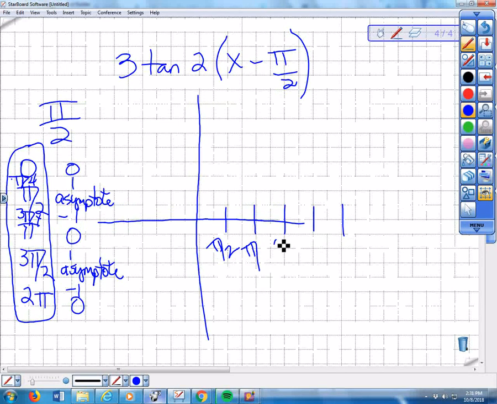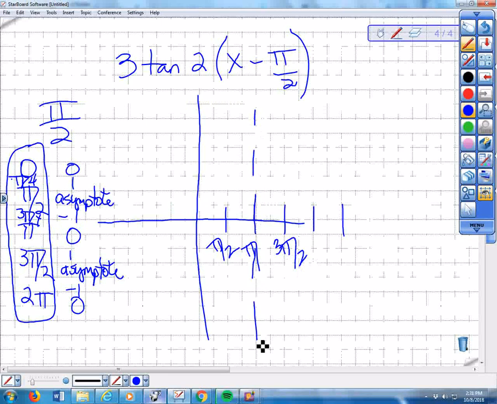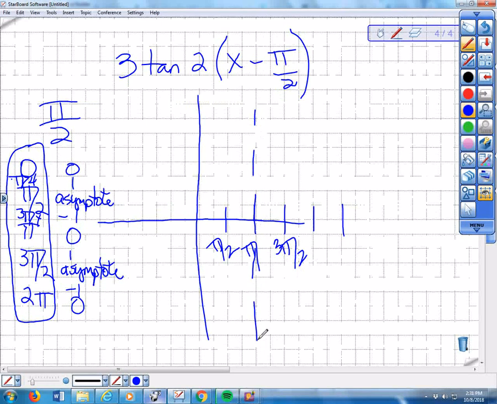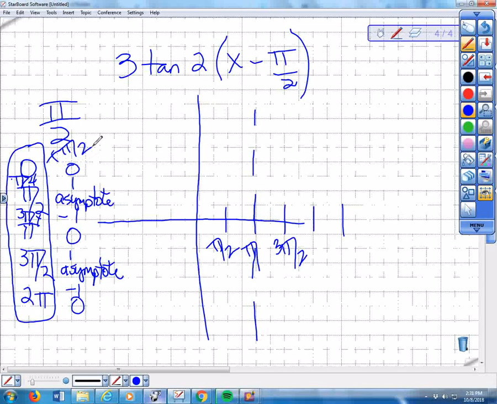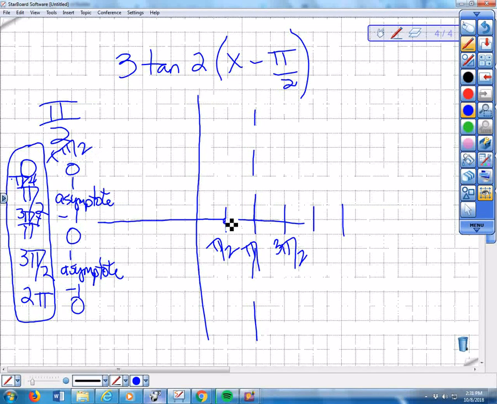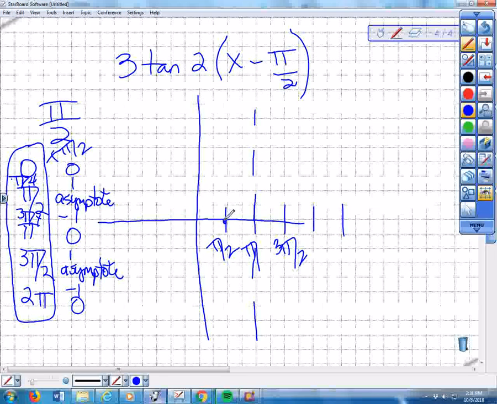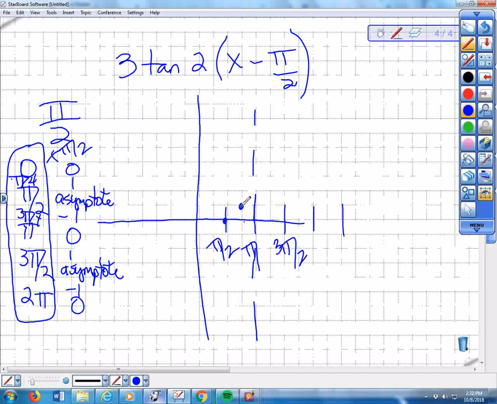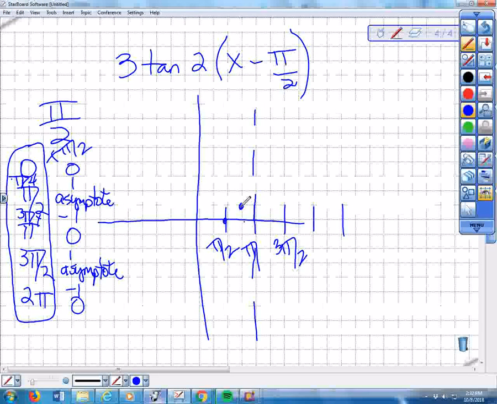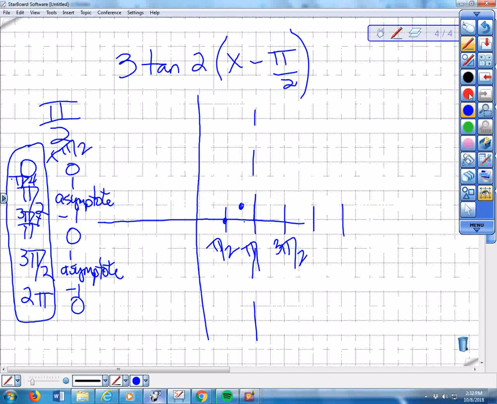This is my first asymptote because I'm just moving everything plus pi over 2. So this is 0, and I know at pi over 4, it's 1. Well, if I shift pi over 4 over, it's here, right? So at 0, we also have an asymptote. Let me do those.